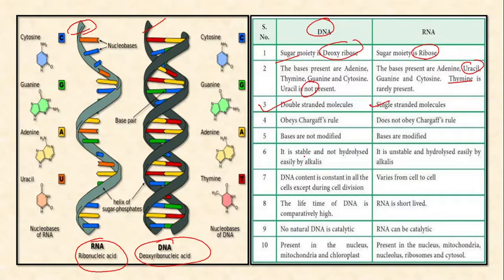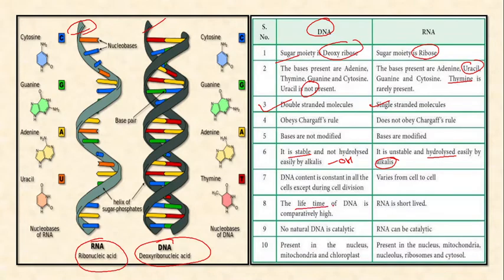Additionally, one more important point to notice is that DNA is more stable compared to RNA because there is no free hydroxyl group present in DNA, whereas it is present in the case of RNA, whereby it is hydrolyzed easily by alkalis.